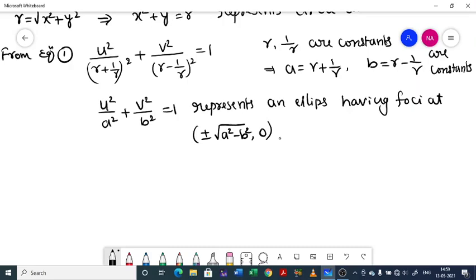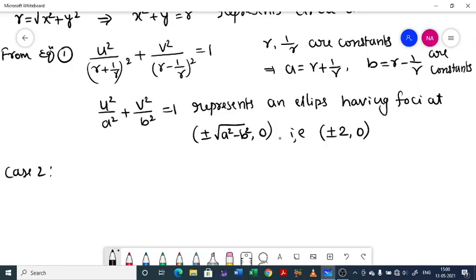You can check that we have already computed this one. (r plus 1 by r) whole square minus (r minus 1 by r) whole square will be 4. So that is plus or minus square root of 4 is 2, right? Plus or minus 2 comma 0. So this is first case.